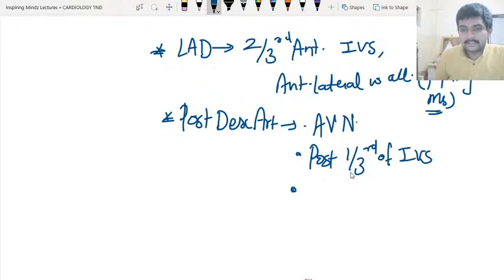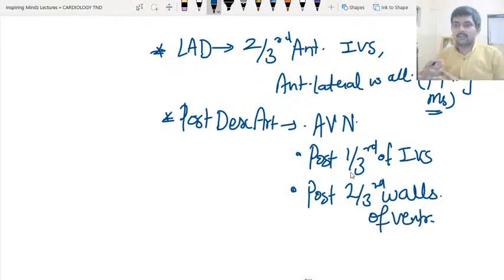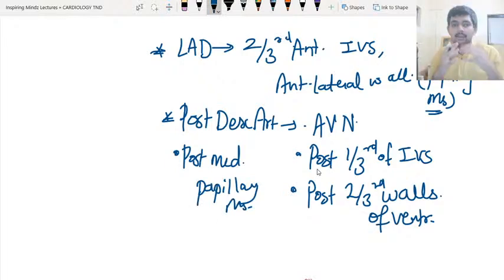Then it supplies the posterior one-third of the ventricular walls, and it also supplies the posteromedial part of the papillary muscles. So the posteromedial papillary muscles of the left ventricle are supplied by the posterior descending artery.